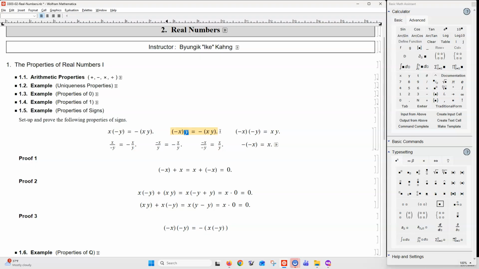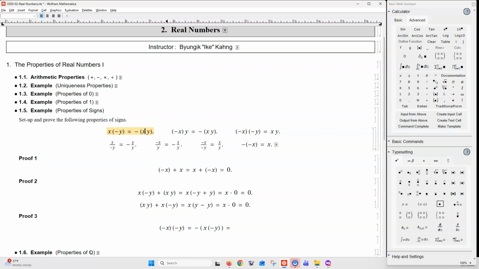Okay, y stays the same, so this negative y stays the same, and then negative x became negative of just x. All right, I just used this one. And then let's use this one here.